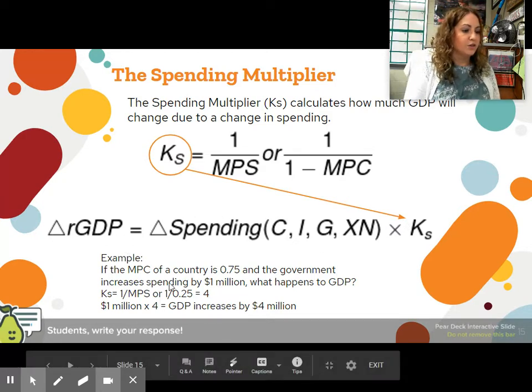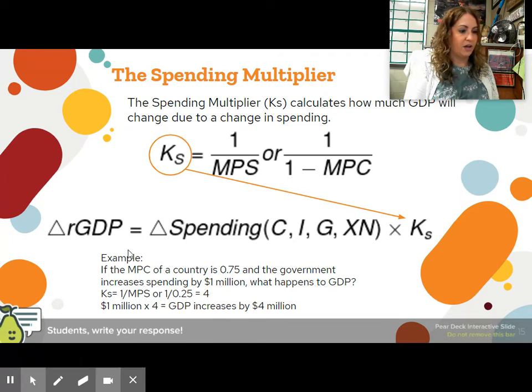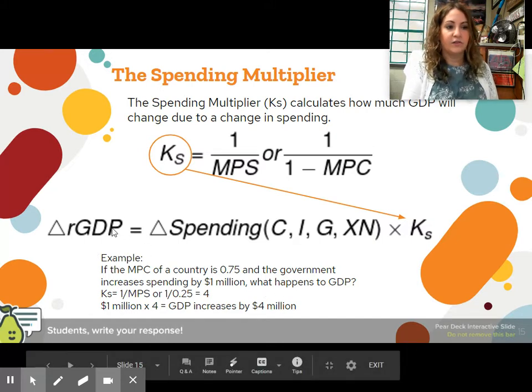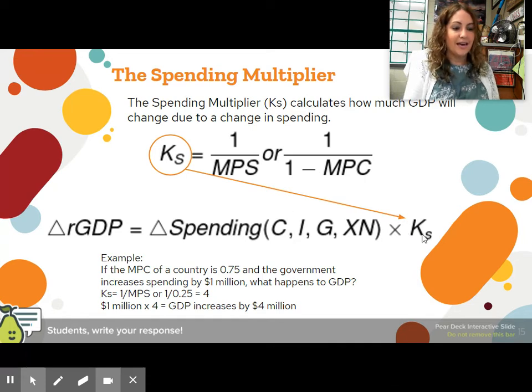And so the change of spending is $1 million. We have to figure out what KS is if we're going to solve for real GDP, because the question's asking what happens to real GDP, so that's what we're solving for. So KS is our spending multiplier, 1 over MPS. Well, MPS isn't given to you, not really. It tells you MPC is 0.75, and MPS plus MPC is always equal to 1.